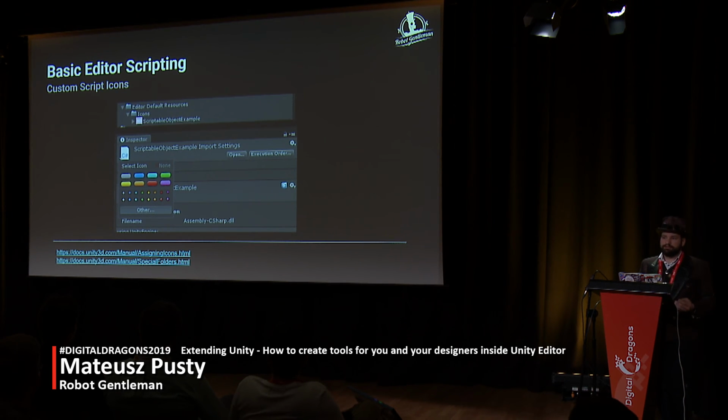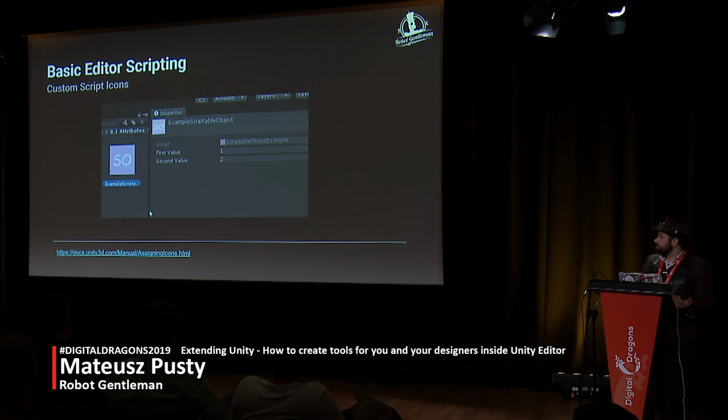If you click on any script in your project view, then you can choose this icon in the inspector, and it will produce this drop-down where you can select one of the icons that already exist, or select Other and provide your own icon that your graphics artist or you have created. I've created, for our example scriptable object, a simple pink square with Comic Sans "scriptable object" written on it.